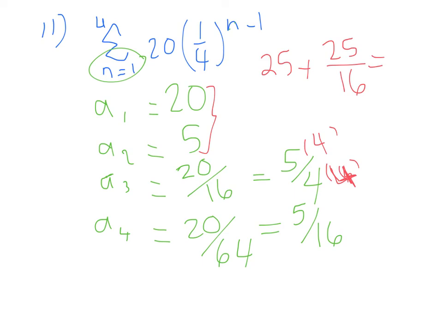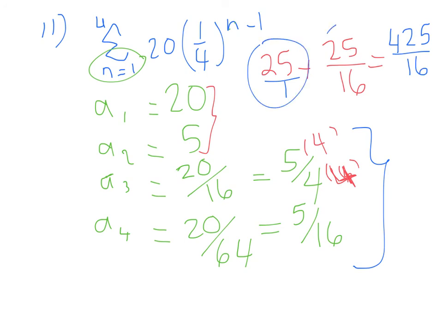We'll do it with the formula also, just to see that we got the same answer and we see it works both ways. So we have 25 plus 25 over 16. Well, we can get a common denominator and make it 400 over 16, which is 25. So that can be switched to 400 over 16 plus 25 over 16, 425 over 16 is our final answer.